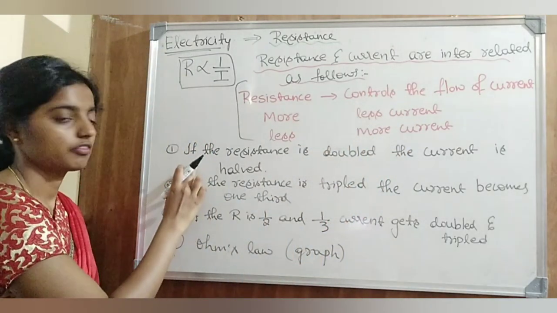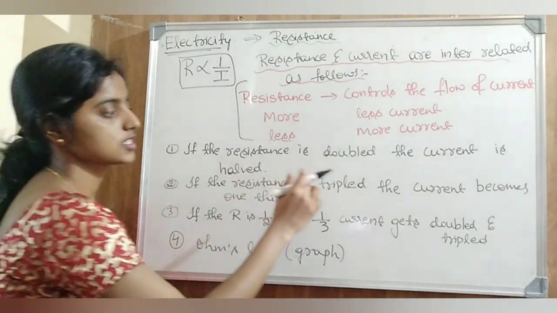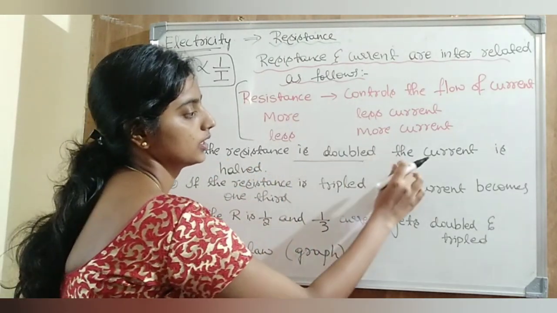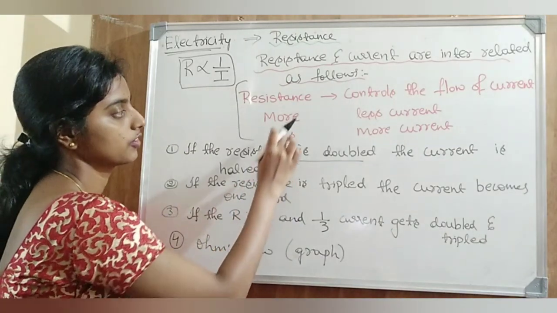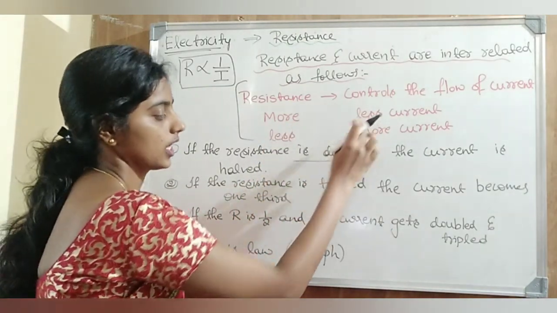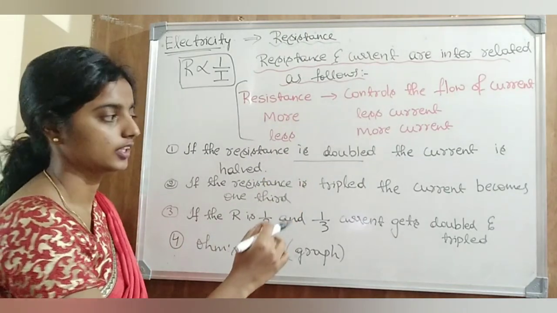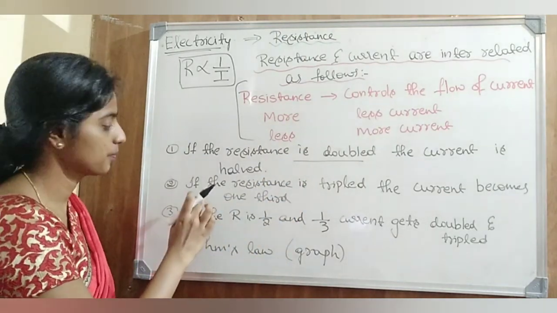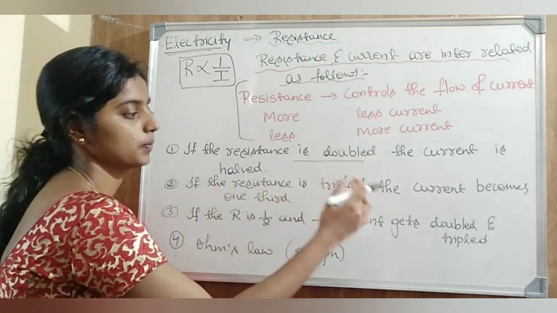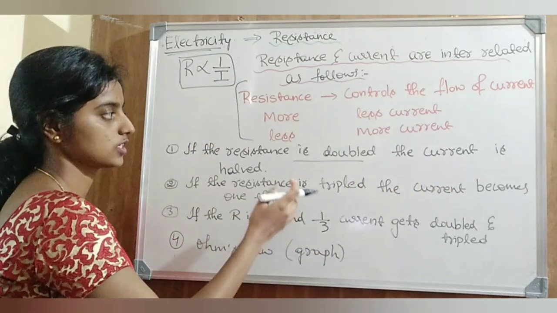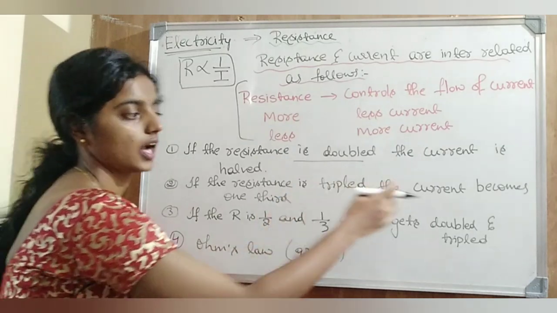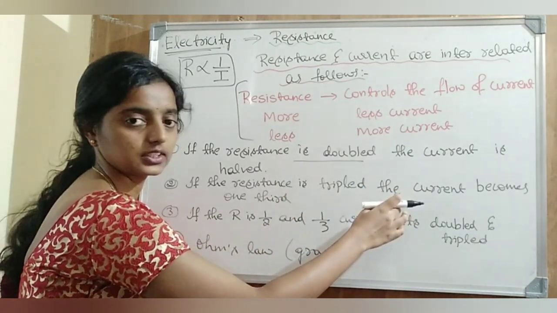Now the same thing I explain point-wise. The first one is, if the resistance is doubled, the current is halved. So what it suggests is, if resistance is increasing, the current will become half of it. And the second point is, if the resistance is tripled, then the current becomes 1/3. This also suggests resistance is increasing and current is decreasing.